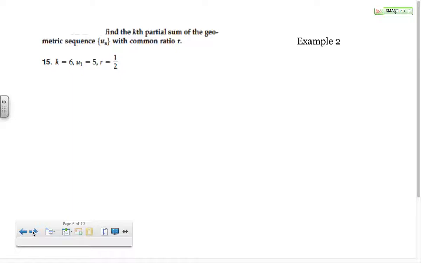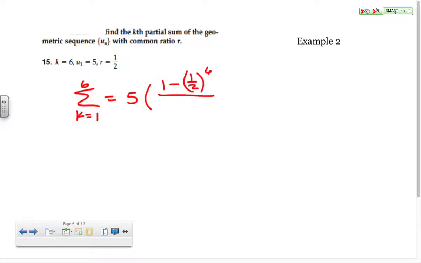All right, so if we're going from k equals 1 to 6, it's u1 times 1 minus r to the 6th power over 1 minus r. This is where your calculator kind of takes over.